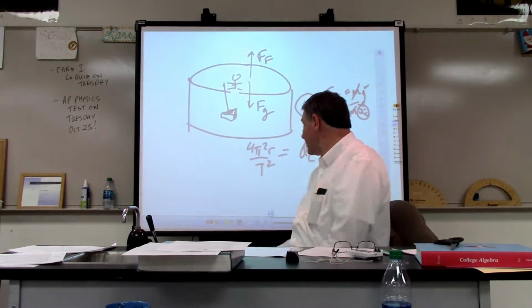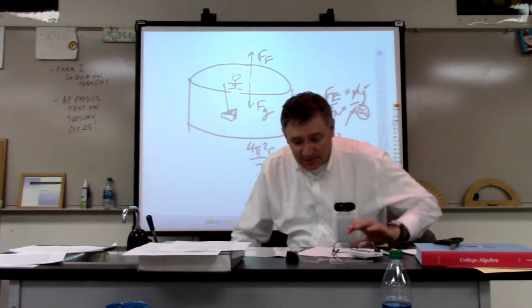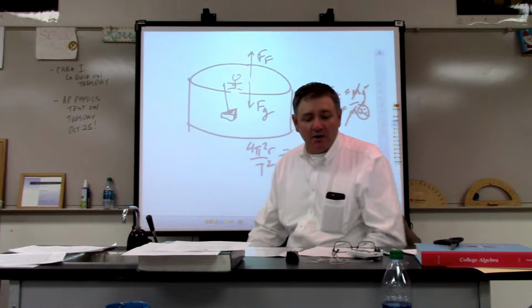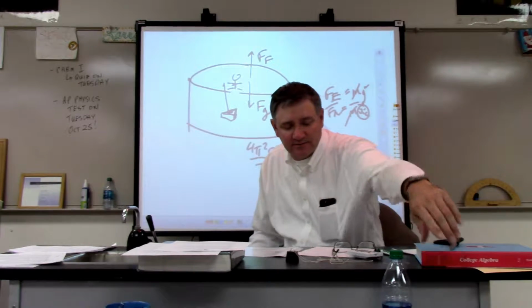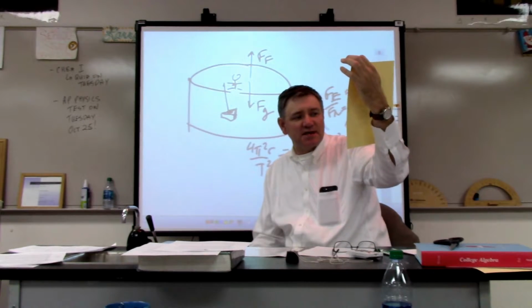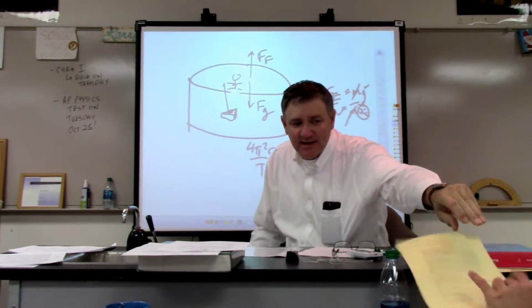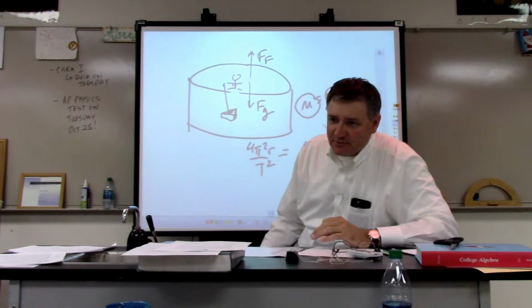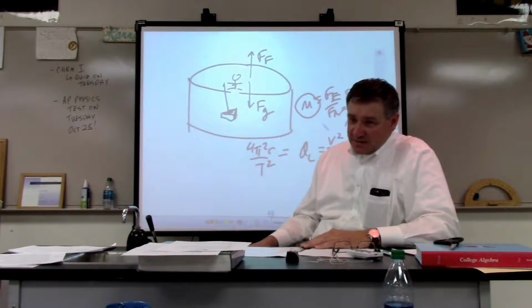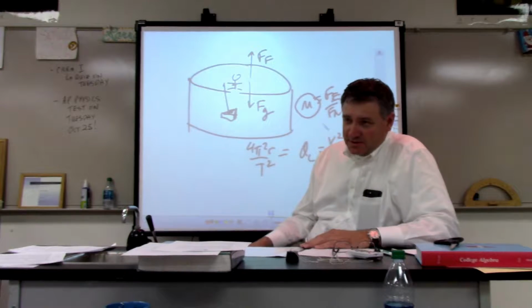Then from there, I'd go with the 4 pi squared r over t squared. But here's what you have to be careful of: you're told that it spins at a half a revolution per second. Is that frequency or period? Frequency. And if you take the inverse of that, you get period.